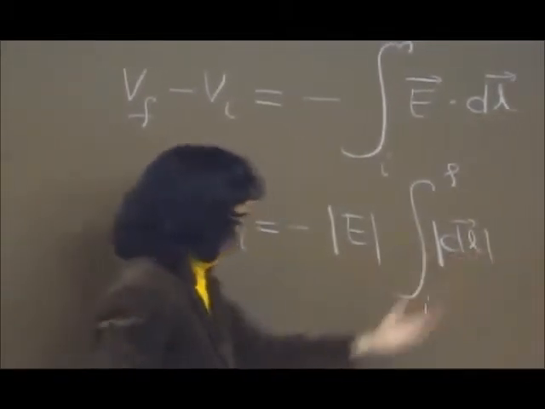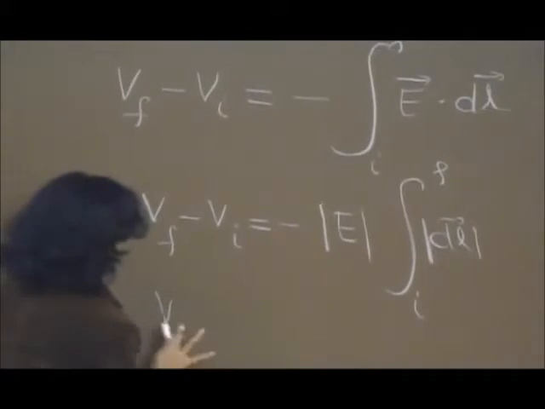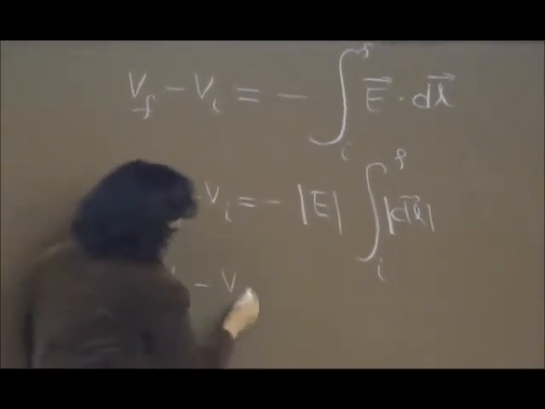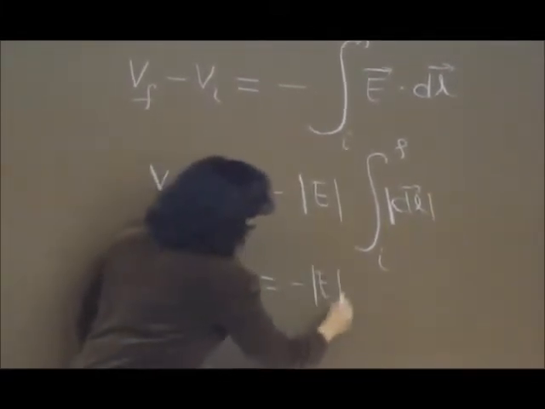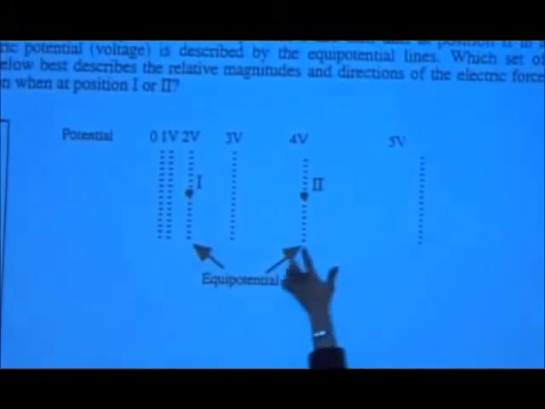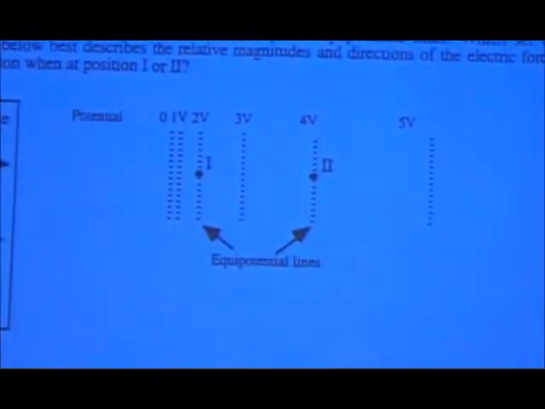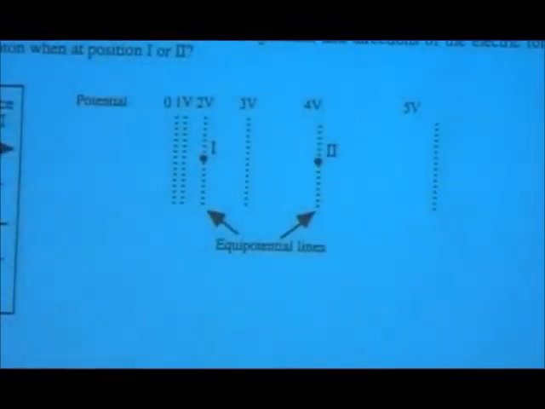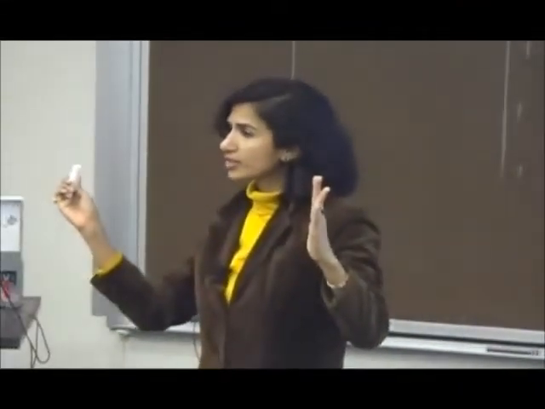And you can see that this integral of dl just turns out to be what? Integral dl is just the distance that you're moving. So if you're moving from here to here, then that's your L, the distance between those two equipotential surfaces. There may not be any real surface there. There is definitely some electric field between those two equipotential surfaces, right?